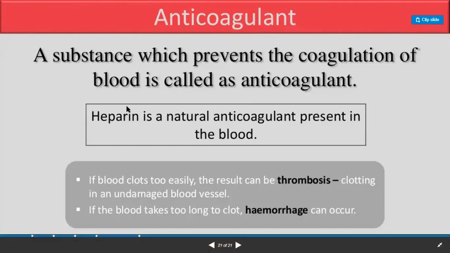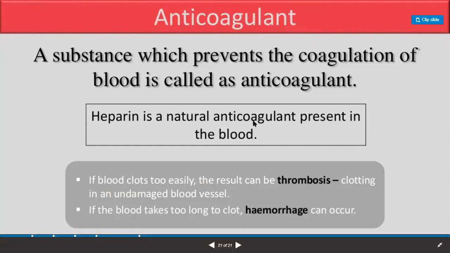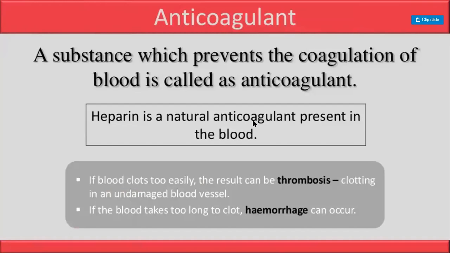But we have a natural anticoagulant that checks the coagulation process and makes sure that our blood does not just coagulate unnecessarily. So that's why we have this heparin. And then we have other anticoagulants also in the form of drugs, okay? But heparin is the natural one.